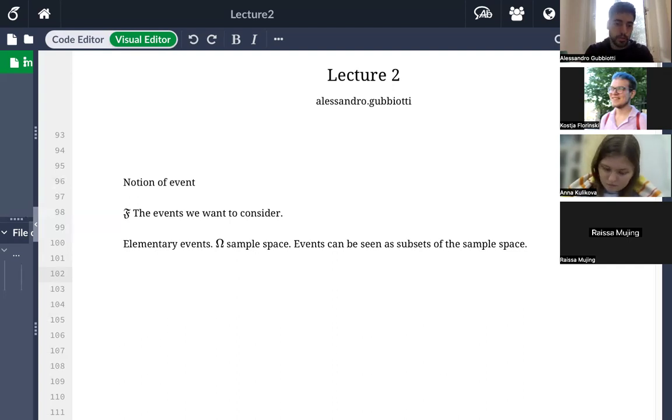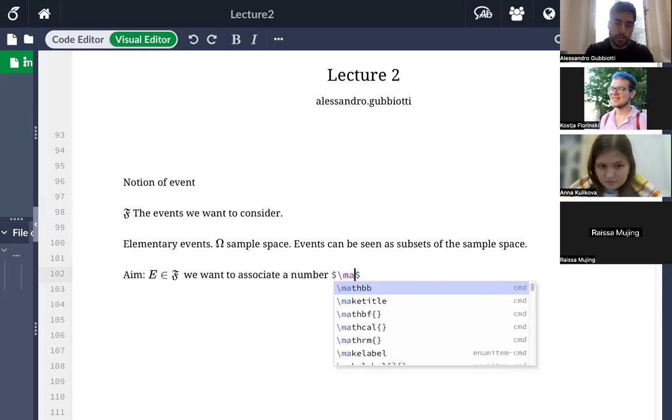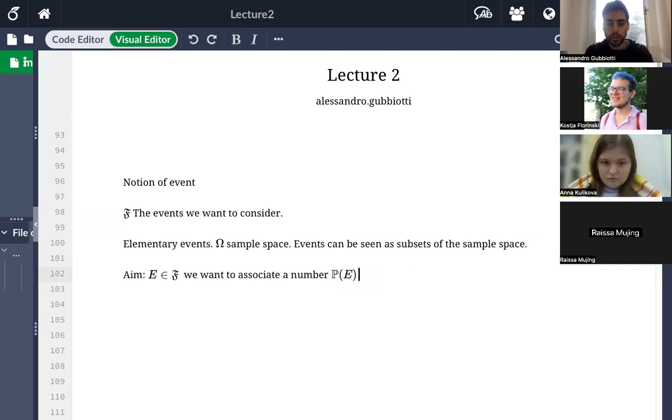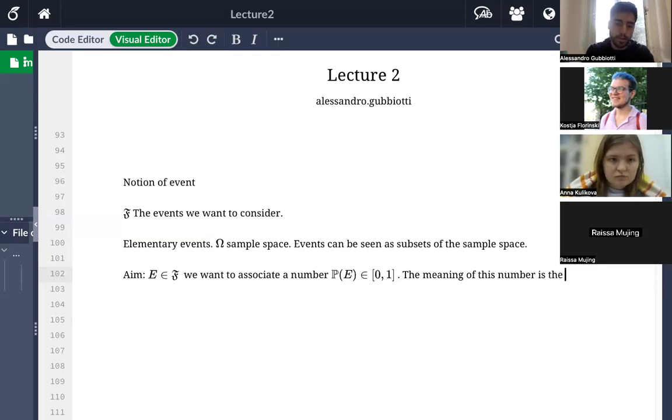and this time we will introduce what probabilities are. So recall that the aim is to associate to each event, so to each E in this set F, a number which is the probability of this event E. So this number must be in between 0 and 1, and the meaning of this number is the likelihood of E. So the bigger this number, the more likely this event, whatever this means.